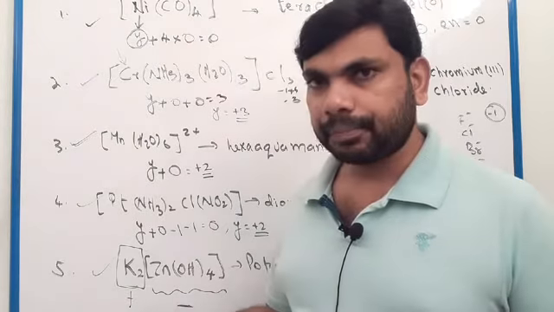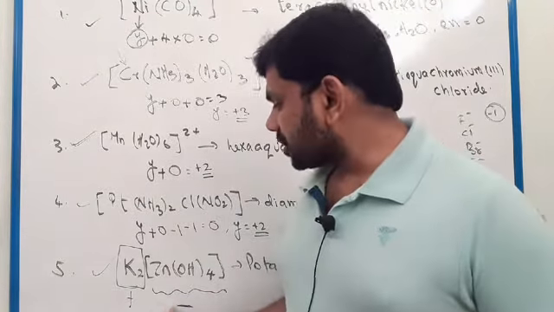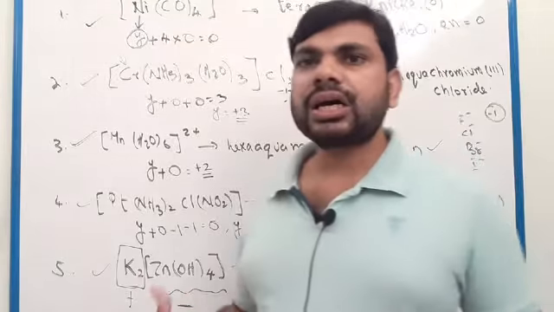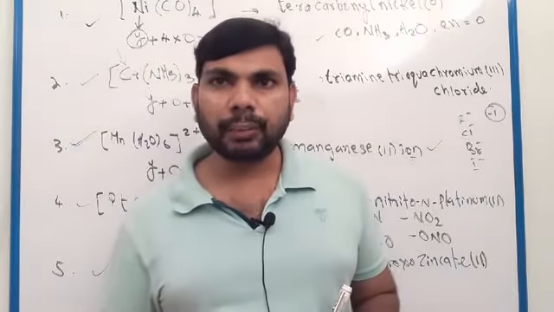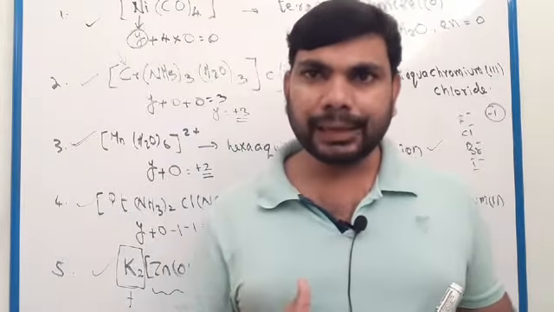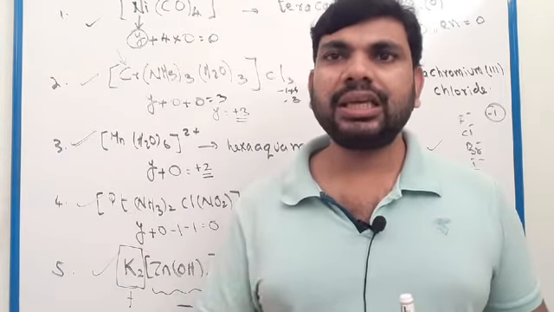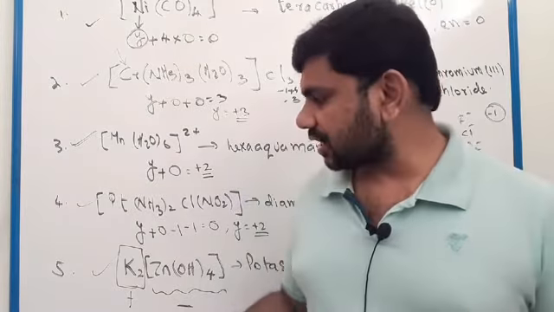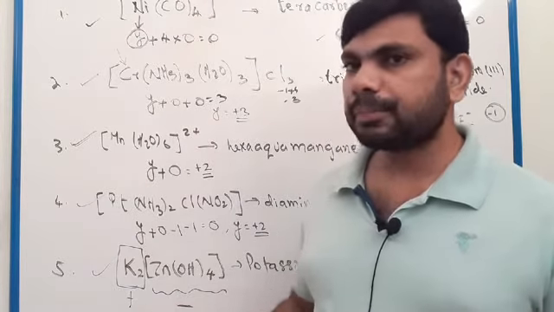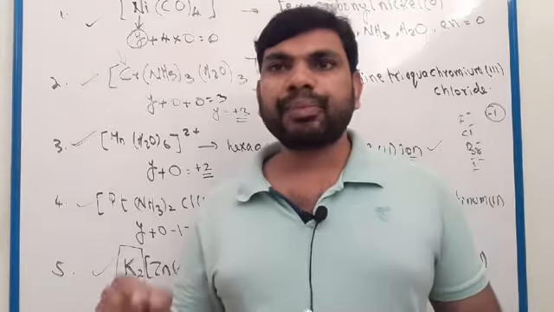Here, potassium. Also, for the metal present in the negatively charged part of the coordination compound, the name of this metal ends with ATE. We discussed metals present in the negatively charged part: cobaltate, ferrate.